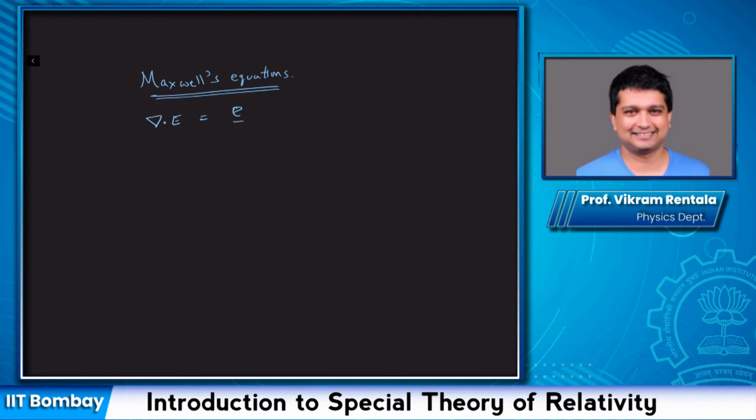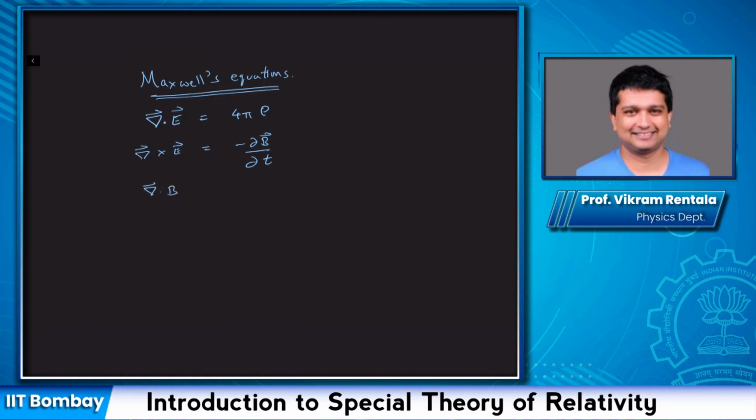I'm actually going to use Gaussian units here. So in Gaussian units, I can write this as del dot E equals 4 pi times rho. Del cross E is minus partial B partial t.